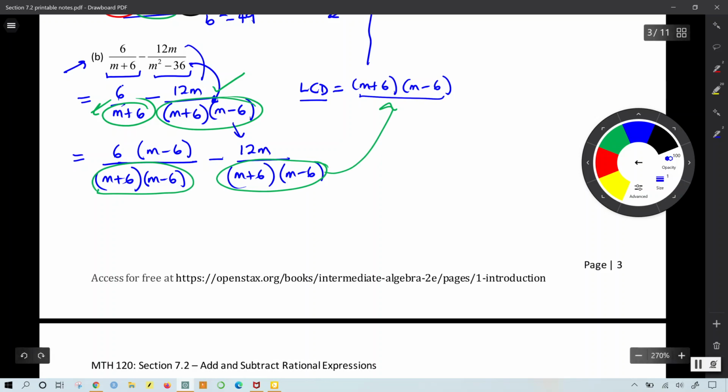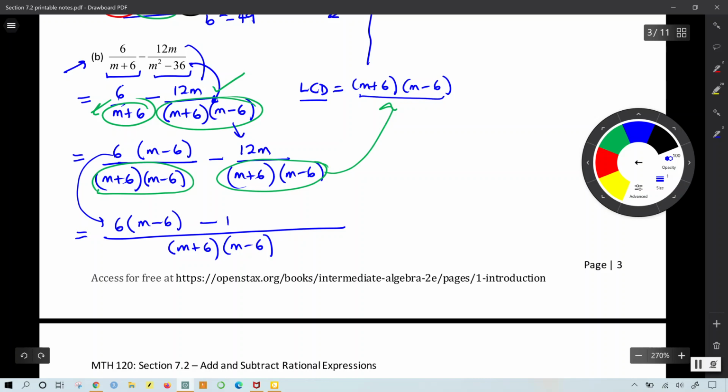That is good news, because it means in the first step towards our final answer, we have m plus 6 times m minus 6. And so, for the top, you have 6 times m minus 6 minus 12m. You might not need to rewrite all of this. So 6 times m, 6m, 6 times negative 6, negative 36, and then minus 12m.